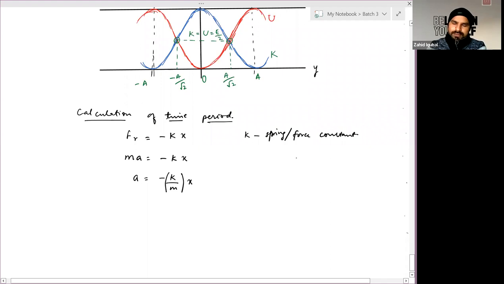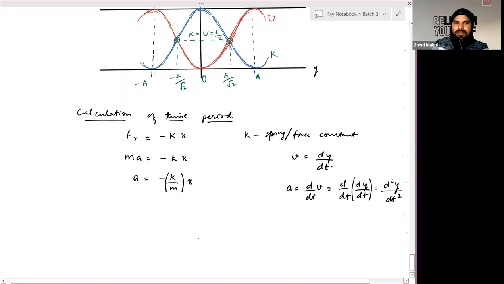Now, as velocity is dy over dt and acceleration is d over dt of velocity, put this v as dy over dt. So you will get d and d becomes d2y and dt and dt becomes dt squared. So in place of acceleration, you may write the second derivative of displacement with respect to time, and move this quantity to the left side.